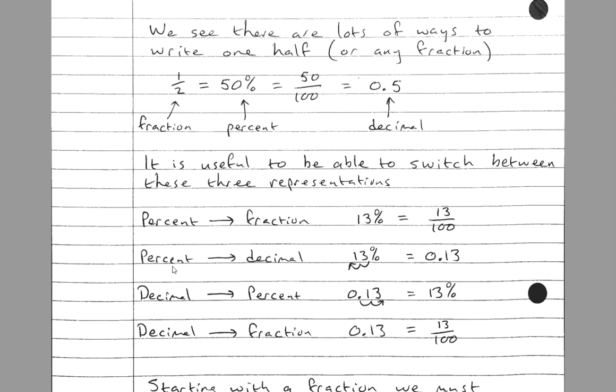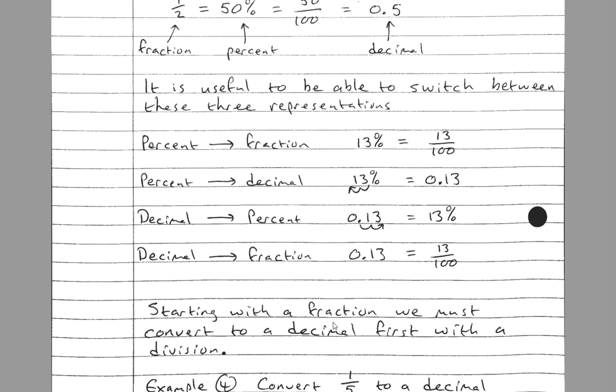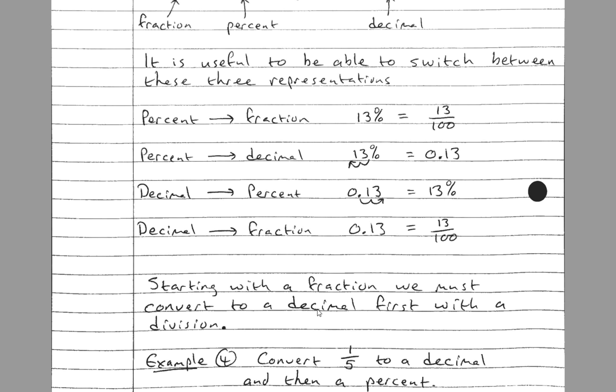Okay, so starting with a percent, you could convert it to a fraction or a decimal. Starting with a decimal, you can convert it to a percent or a fraction. So what about the last case, starting with a fraction? How do you convert a fraction to a decimal or a percent?